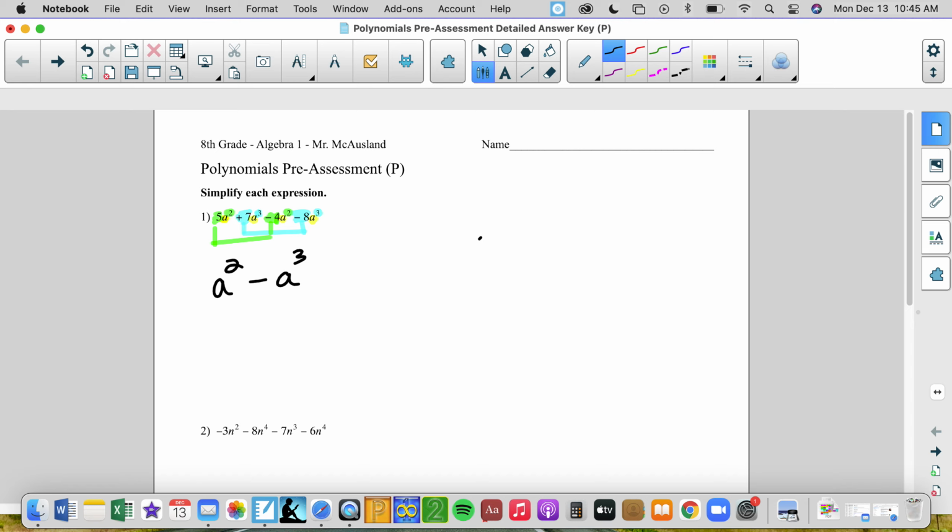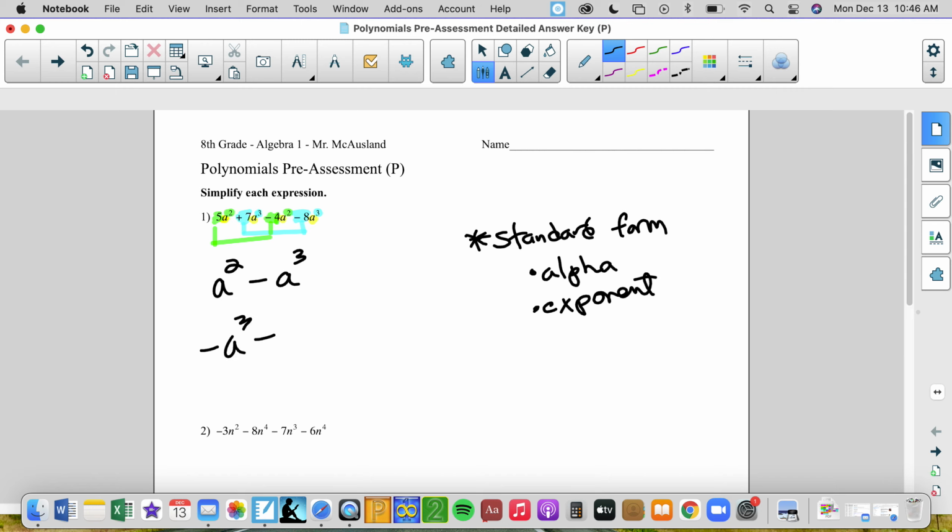And now we have to remember to put it in standard form. So standard form, we always are going to go alphabetical order. And then when we tie, much like in this case, they both have a's, we're going to use the one with the bigger exponent. That's always going to go first. So we would write our answer as negative a to the third plus a squared.